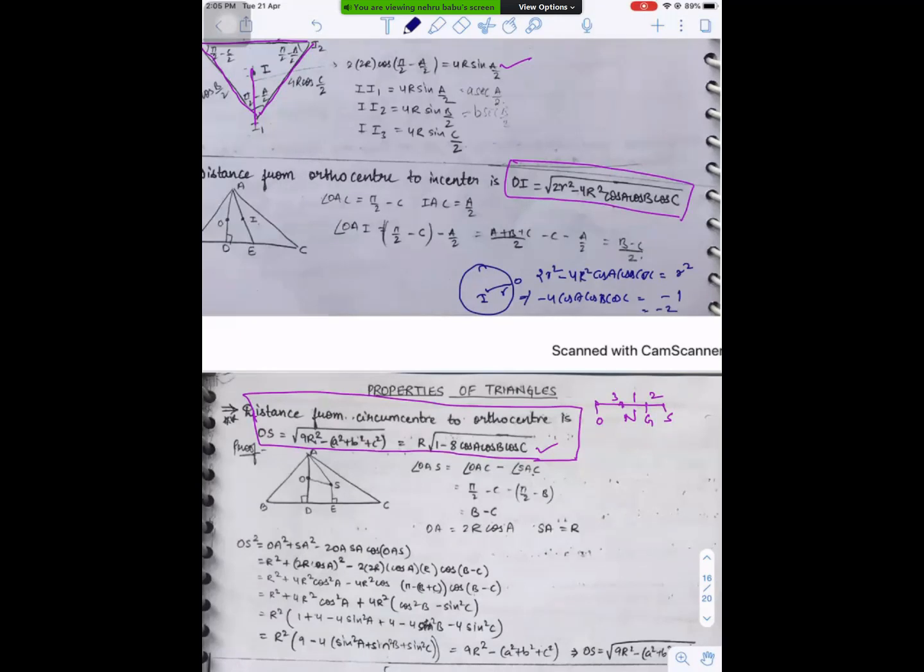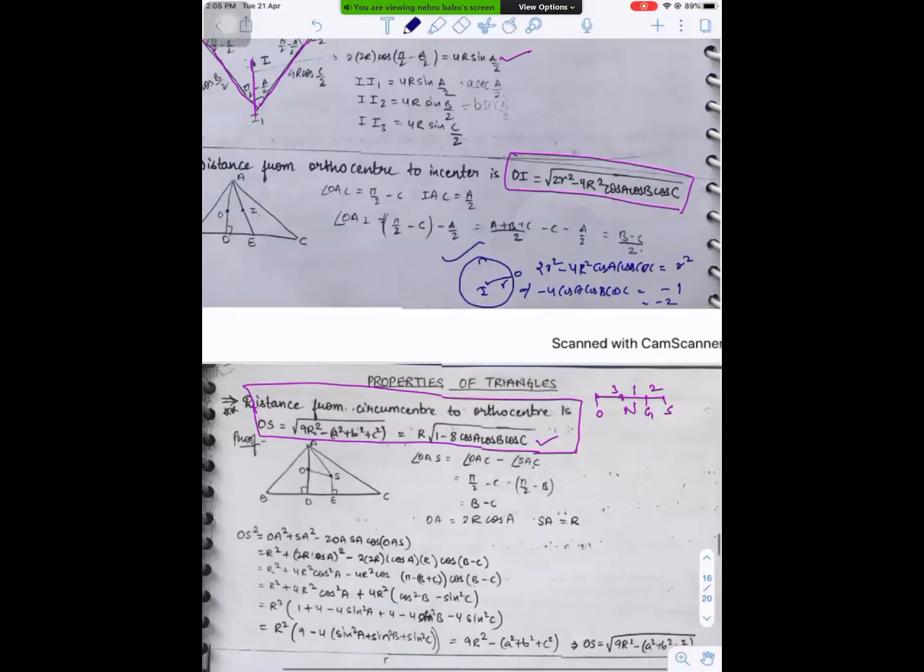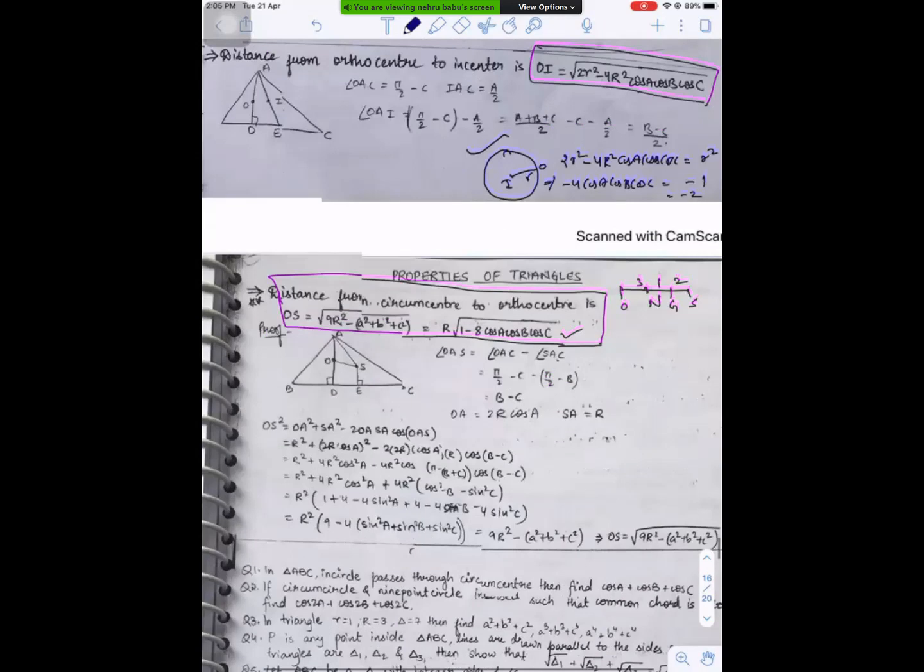So we'll get the required result, minus 2, that is the value of cos 2A plus cos 2B plus cos 2C. If they are asking this type of question, surely you have to remember these formulas. So all these formulas you have to remember.